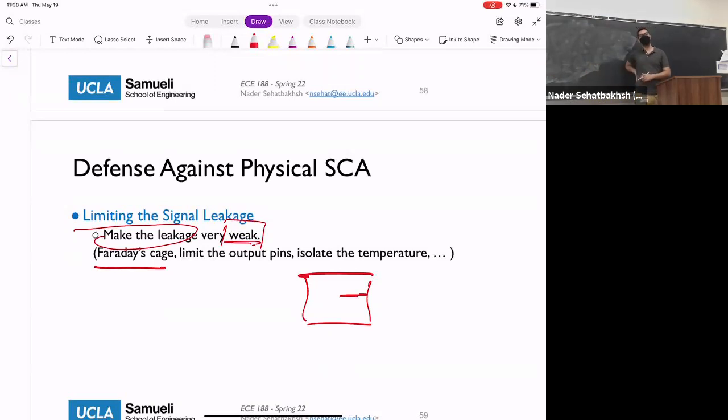If you limit the number of output pins that are coming from your chip, or make access to these chips very, very difficult for the user, then the chances that the attacker can actually run some sort of a power side-channel attack on your system are very, very low. Okay. So generally, this class of defenses is about how we can make it much more difficult for the attacker to access these physical signals in general.